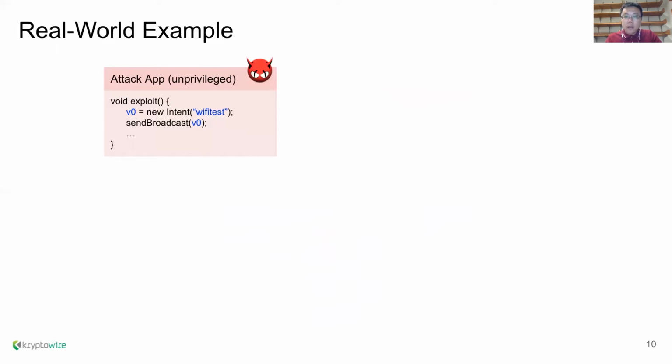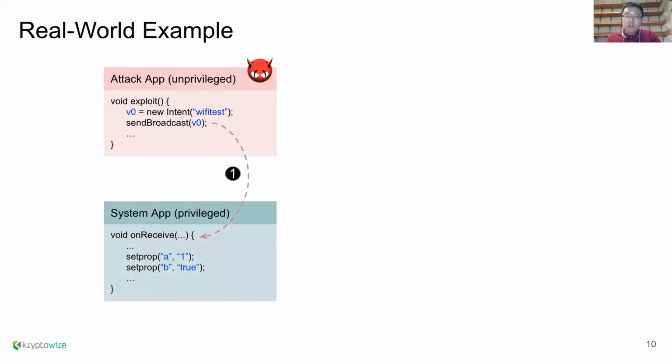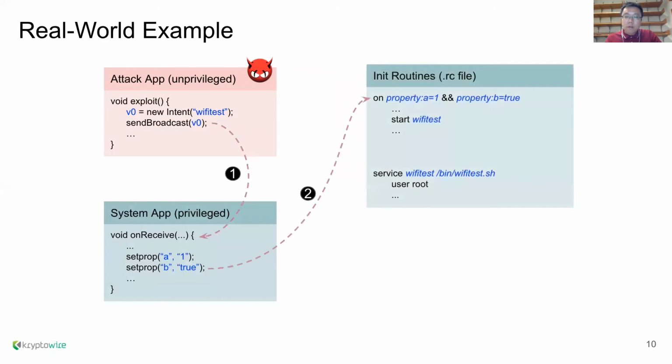We assume an attacker-controlled third-party app has been installed on the Android device. This attack app would broadcast a message. This message is received by a privileged system app that registered to receive it. Once received, the privileged app sets the system properties A to 1 and B to 2. These 2 system properties trigger the monitored init action.